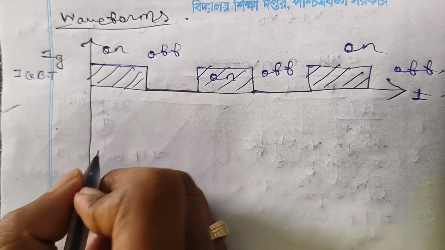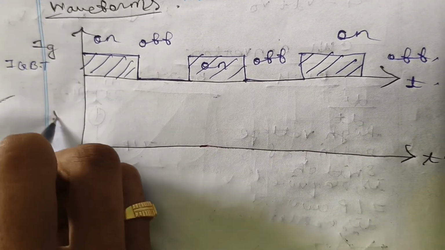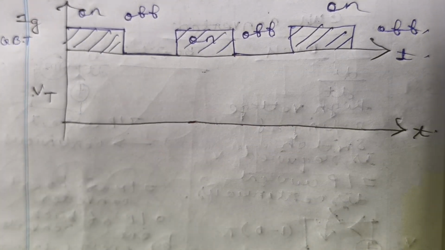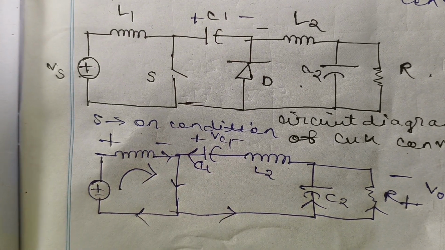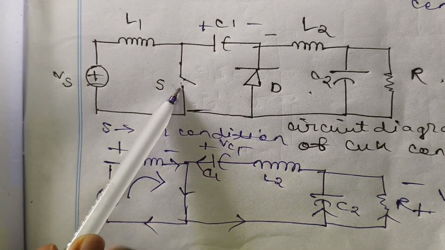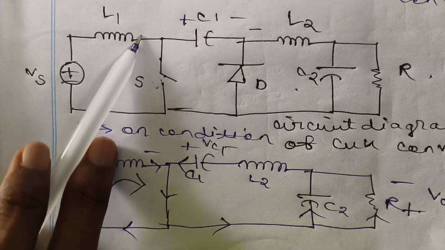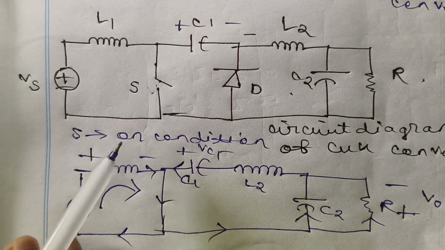Now the voltage across the thyristor or transistor, whatever it is, will be like this, follow the diagram. You see the voltage across the switch, IGBT or transistor, whatever you say: whenever the switch is on, it is short circuited, so the voltage across the switch becomes 0.